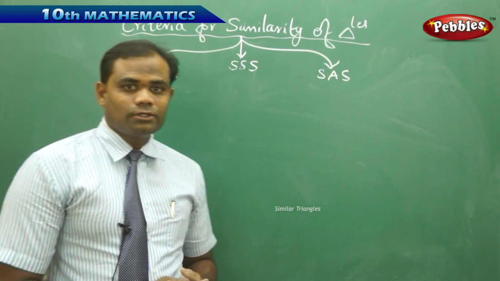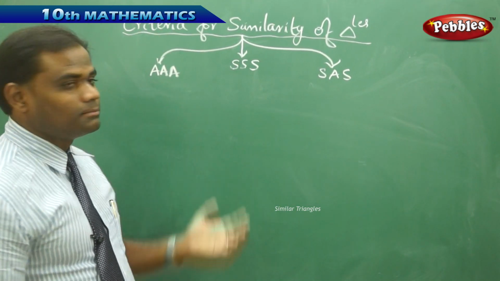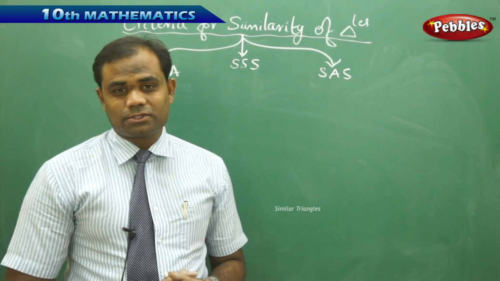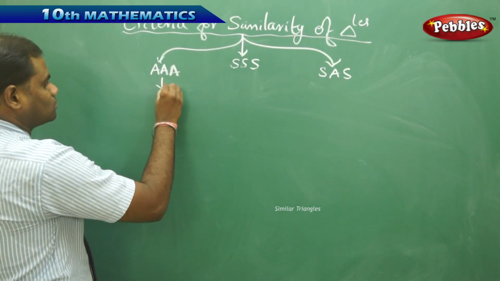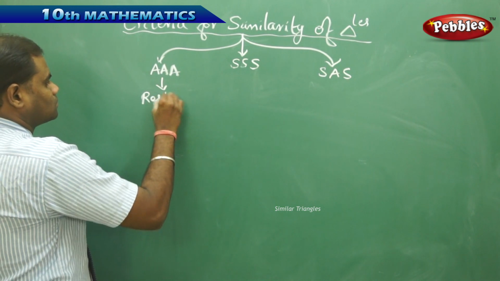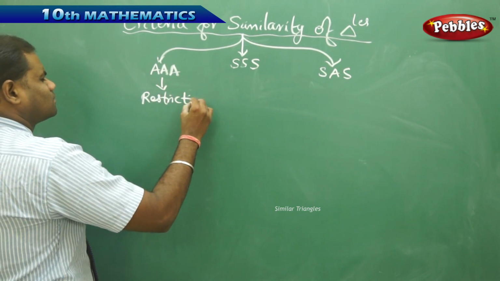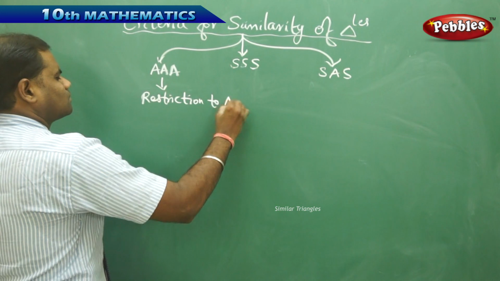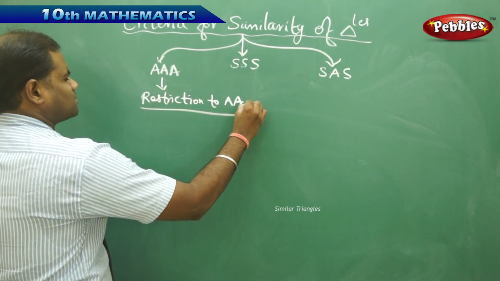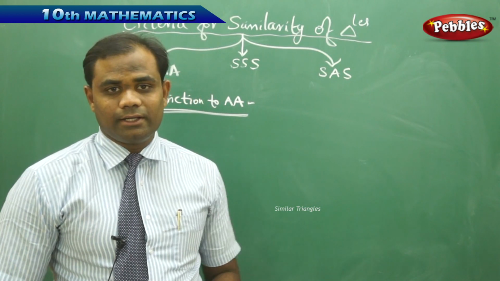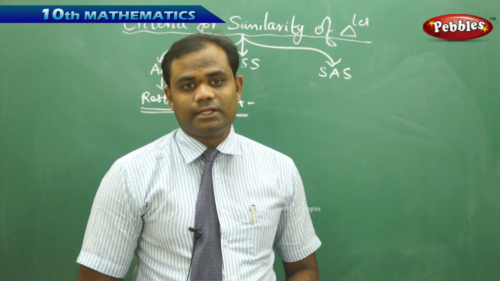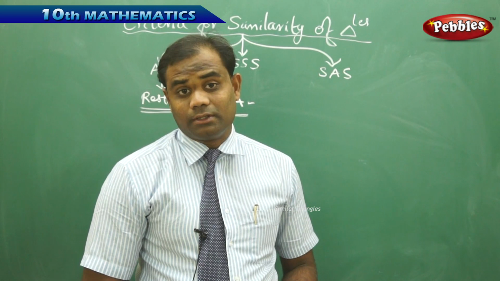Now it is very important to note that AAA similarity can be reduced to AA similarity. This is because if two corresponding angles are equal in two triangles, then obviously the third angle will also be equal.